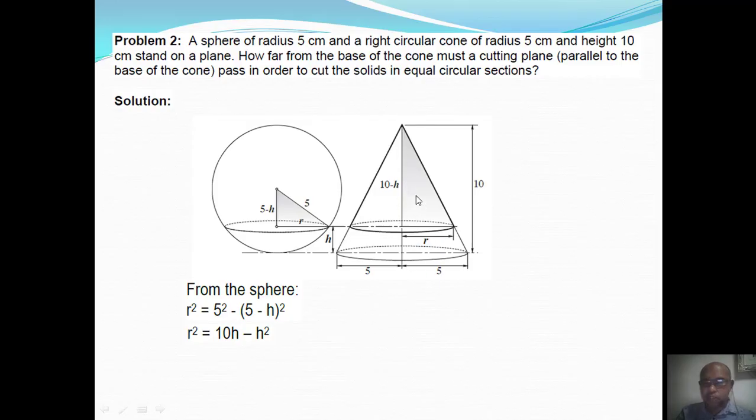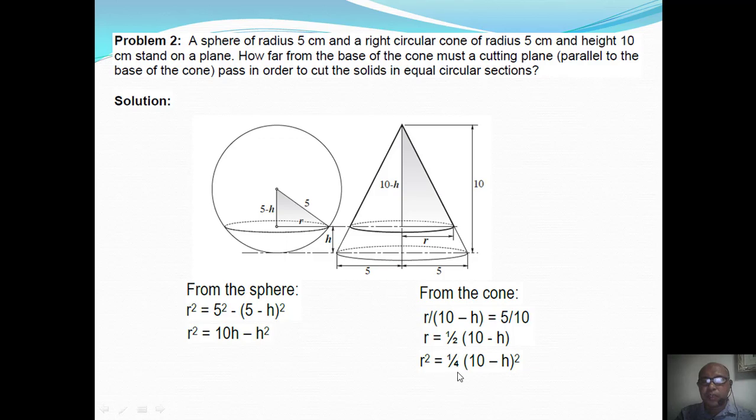By proportion, r over 10 minus h is equal to 5 over 10, which is 1/2, so r is equal to 1/2 times 10 minus h. Squaring, r squared is equal to 1/4 times the quantity 10 minus h squared.